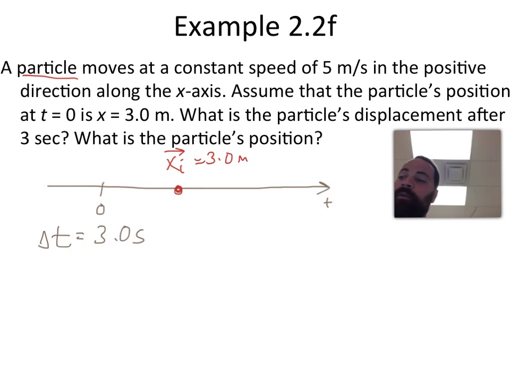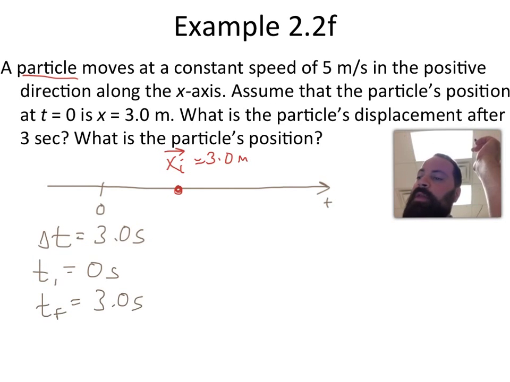And so if our initial time equals 0 seconds, as we're told right here, that's our starting time, then it can be assumed that our final time, t final, would be 3 seconds. So then that means our total elapsed time is 3.0 seconds.